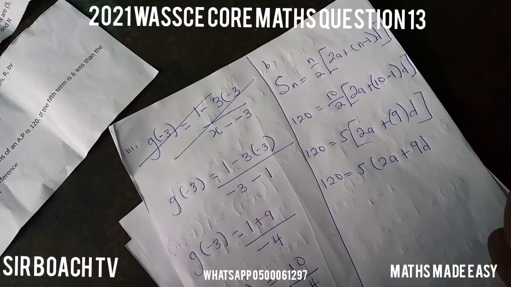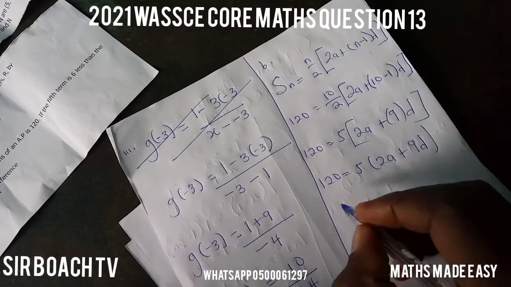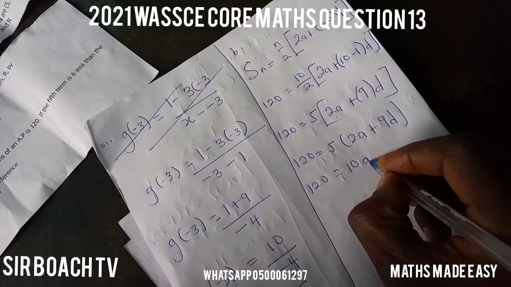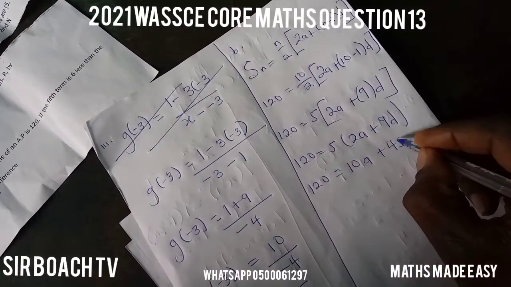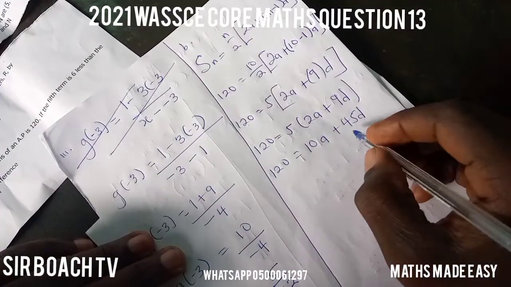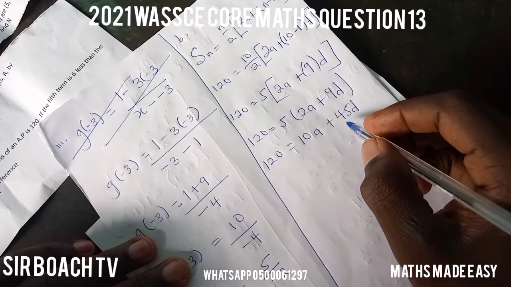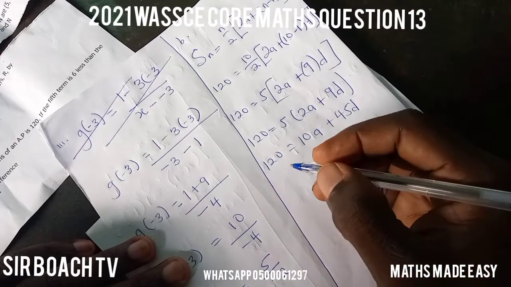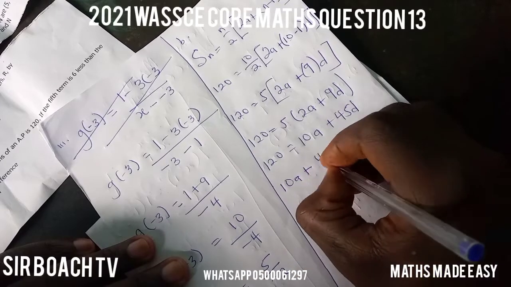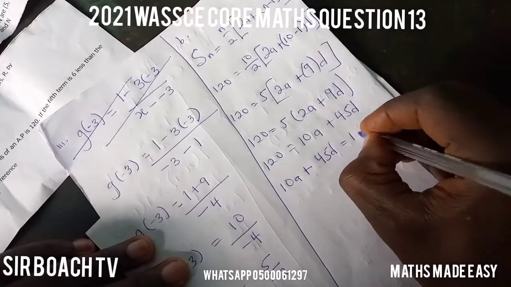Then we can multiply further and say 120 is equal to 10a plus 45d. Now, I can rewrite this one and make it an equation. So I'll write 10a plus 45d is equal to 120.